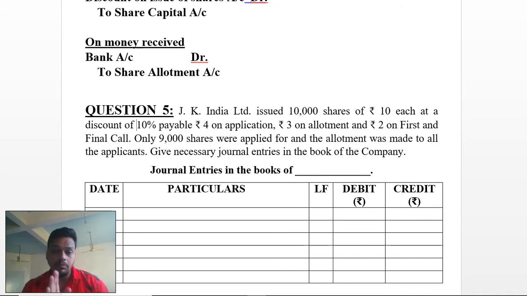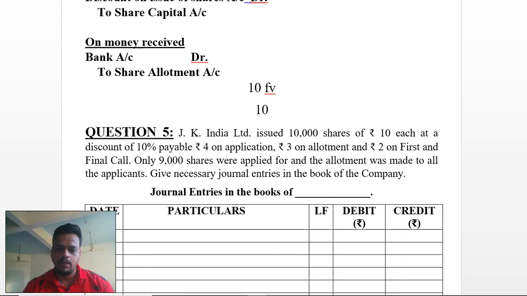As it is mentioned very much clearly that the amount has been discounted at 10%. If I am calculating the 10%, then you will be understanding that how the 10% has occurred. Let's see. Here your face value is 10 rupees, where if we are calculating 10%, so how it will be calculated: 10 multiplied by 10 divided by 100.